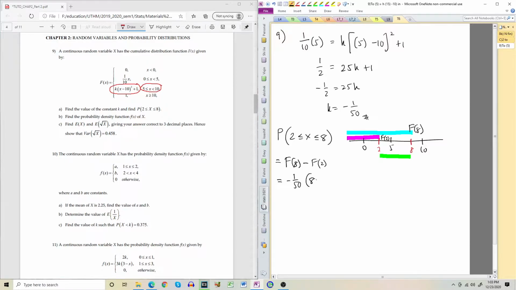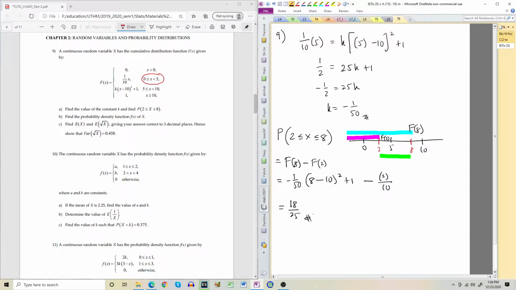Our x is 8 minus 10 squared plus 1. And 2 falls inside this interval, so we have to take this function, 2 over 10. If you do this, you can try, your answer should be 18 over 25.